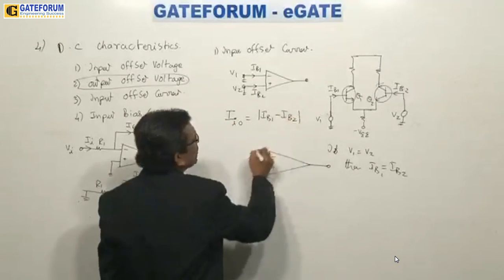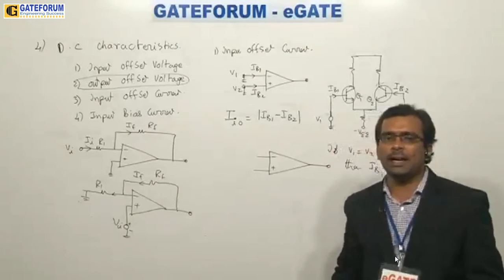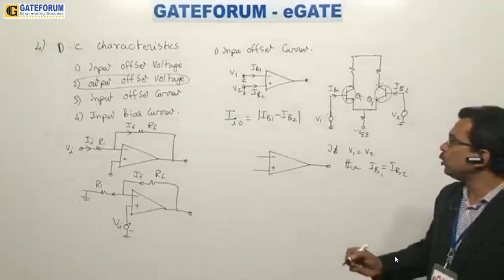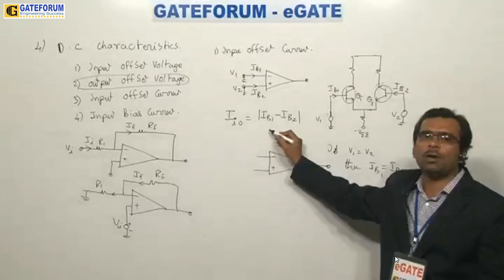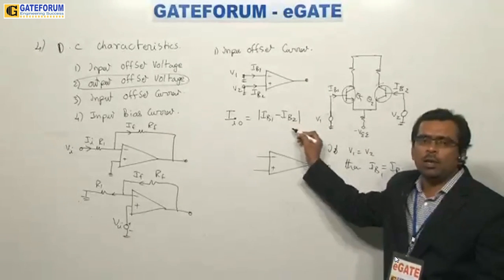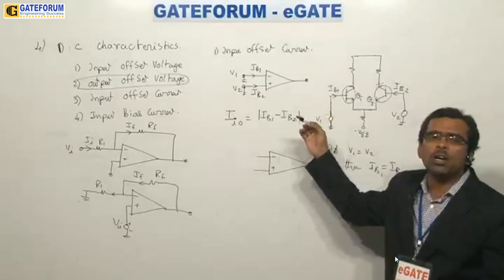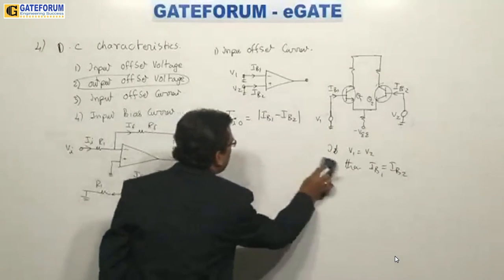The difference of the 2 base currents that I get is called the input offset current. The effect of the difference in the 2 base currents will reflect at the output in voltage form. You need to understand this point carefully.